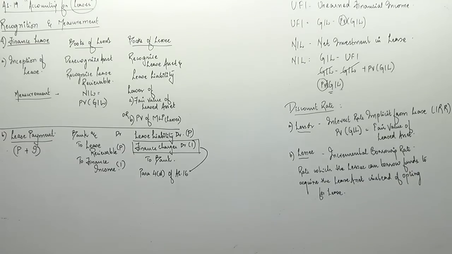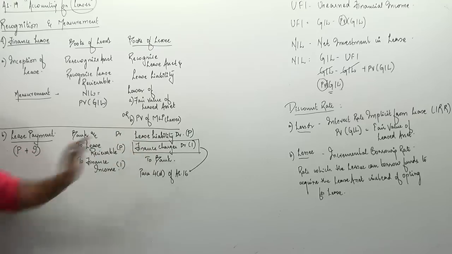We had 5 parts of that para 4. Under para 4D, we discussed finance charges under finance leases, and we are connecting it here. So in the books of the lessee, we get finance charges whenever we talk about finance lease, because in a finance lease every installment is broken into two parts, principal and interest. This interest can be considered as borrowing cost as per AS 16.